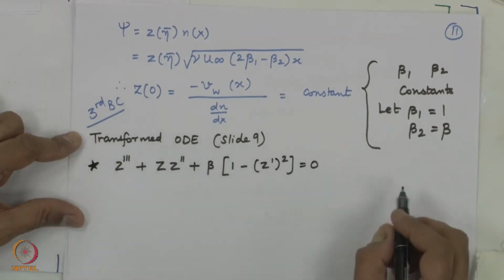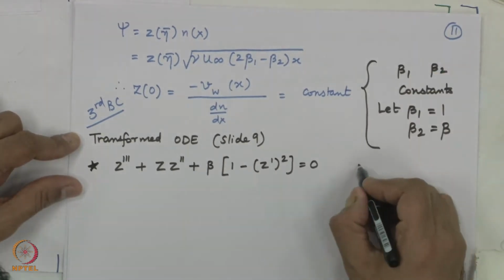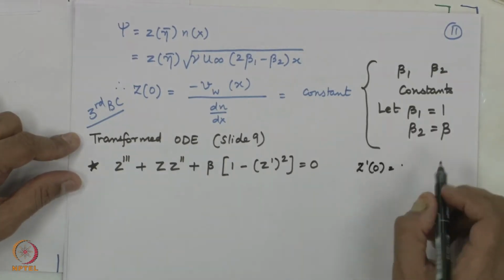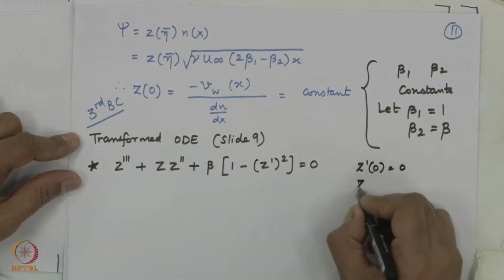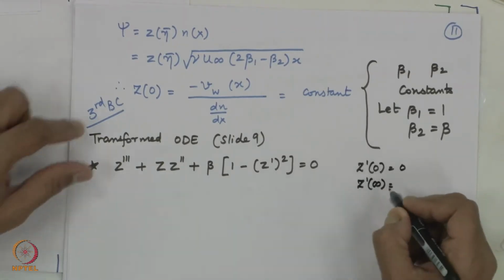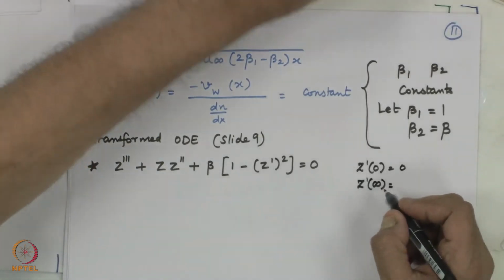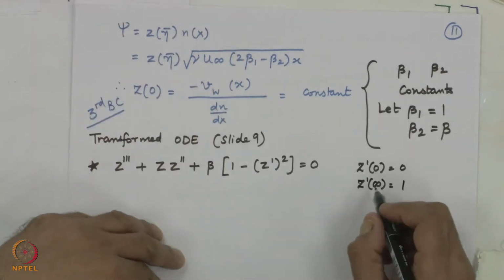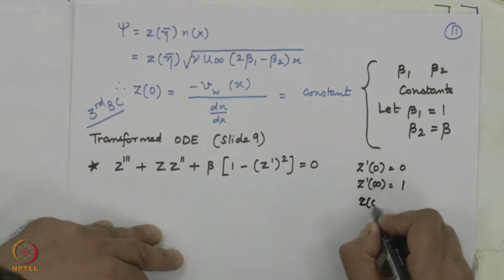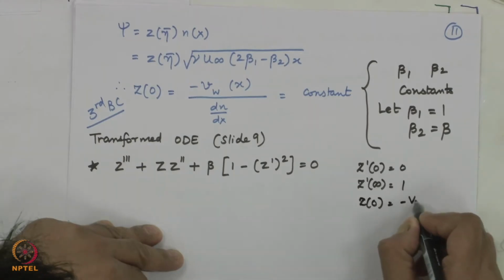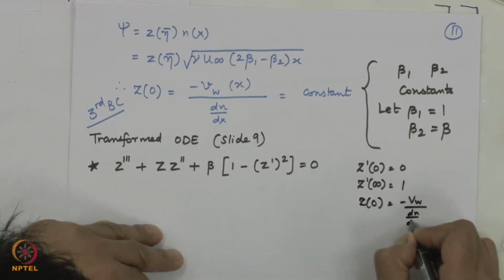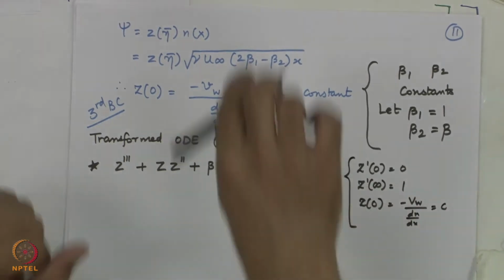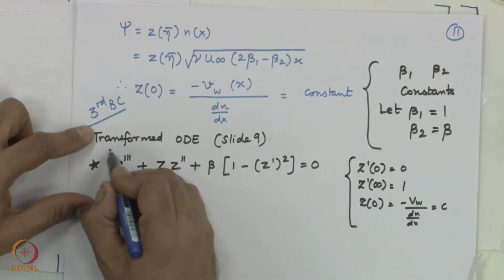This coupled with the boundary conditions: z prime of 0 is 0, the first boundary condition; z prime of infinity is 1, the second boundary condition; third boundary condition we just wrote, z of 0 is minus Vw by dn by dx is equal to constant. This is my ordinary differential equation.